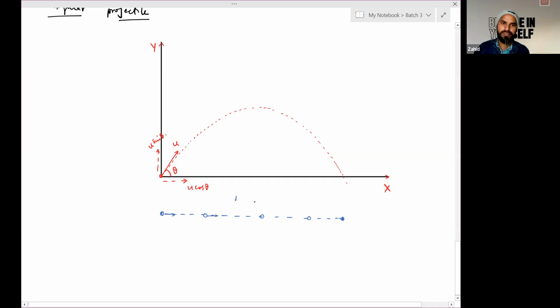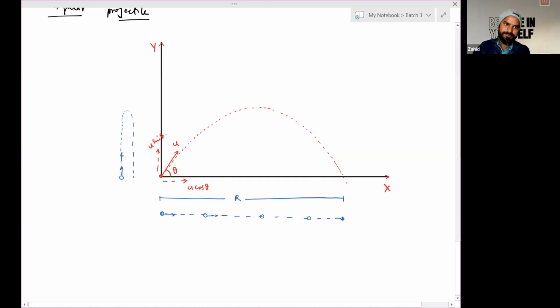The total horizontal distance traveled by this body during this whole motion is termed the horizontal range. While going vertically upward, it will move along this path to reach the highest point, and then return back along this path to hit the ground again.